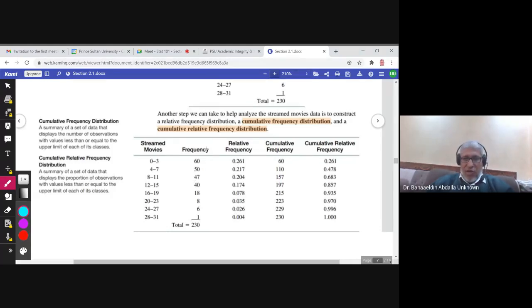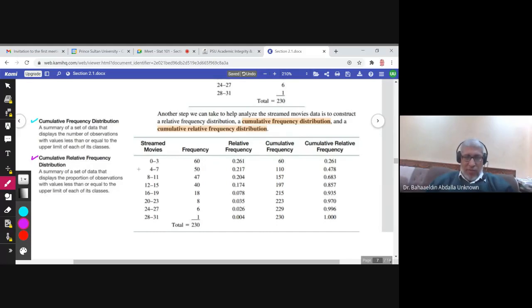Now, we would like to learn about cumulative frequency distribution and cumulative relative frequency distribution. So how to find the cumulative frequency and the cumulative relative frequency.